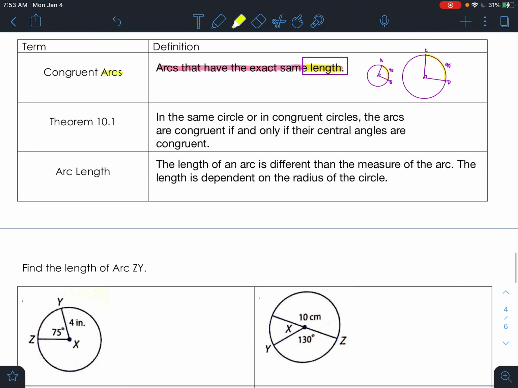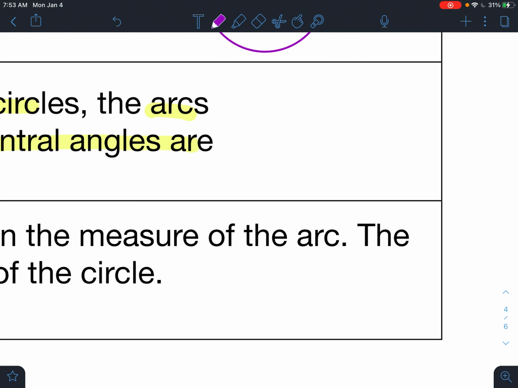So that brings us down to theorem 10.1 that says, in the same circle or in congruent circles, the arcs are congruent if and only if their central angles are congruent. So if we have this circle, and I put in my center, and let's draw two diameters passing through that center.